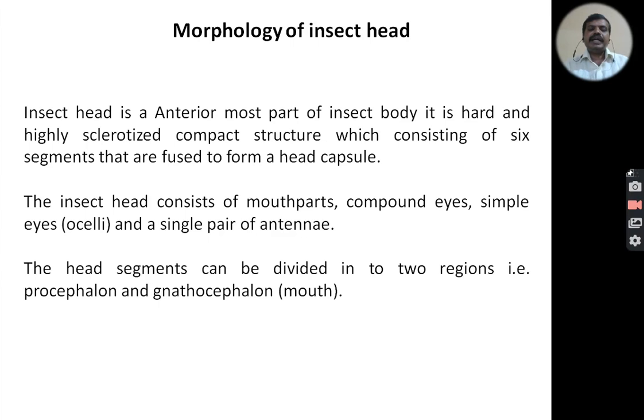The insect head consists of mouth parts, compound eyes, simple eyes and a single pair of antennae as the sensory structures. The head segments can be divided into 2 regions, that is procephalon and gnathocephalon.